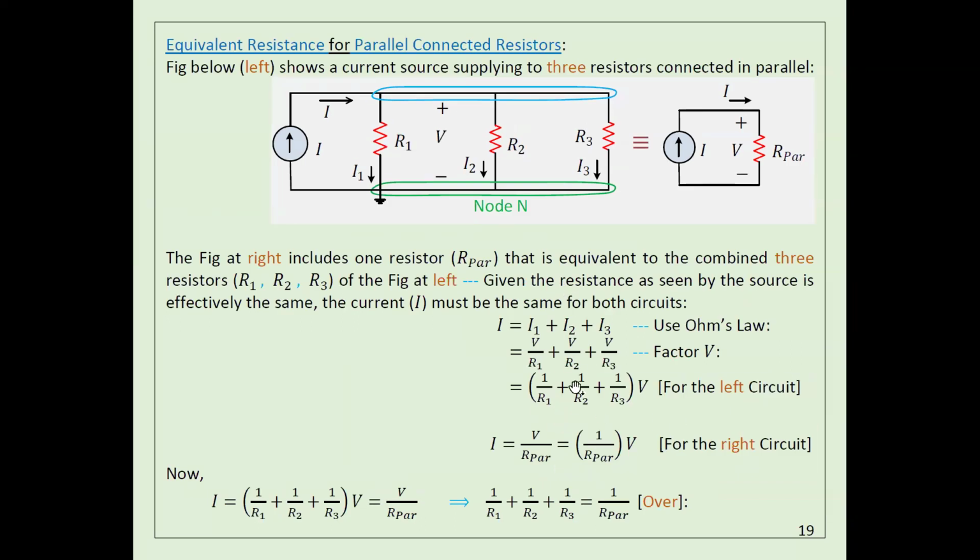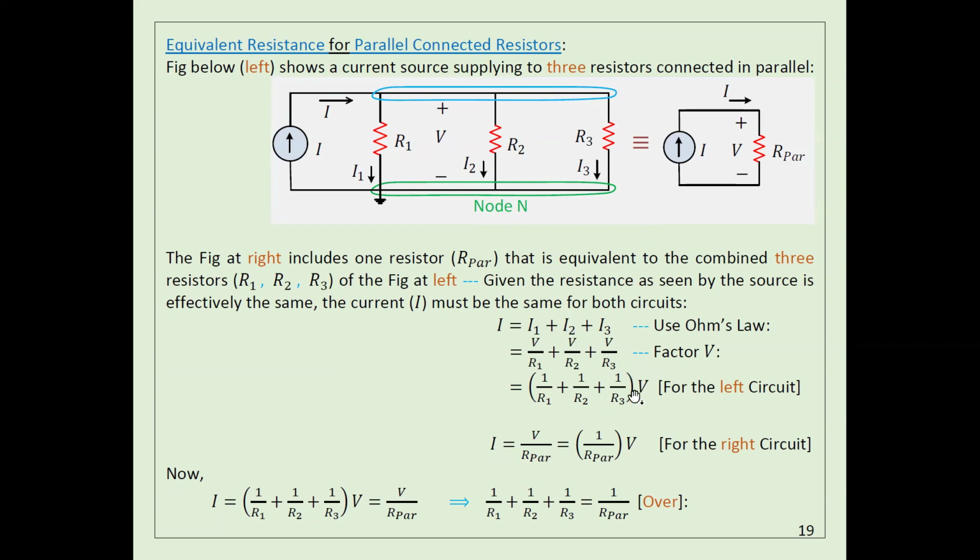Here I'm telling you how I was able to calculate it. It's very easy. Look here. The current is split, so I equals I1 plus I2 plus I3. I1 is the voltage V divided by R1, I2 is voltage V divided by R2. Sorry, V1 and V2 are the same, so I'm going to call it only V because they are parallel. Here also V divided by R3.